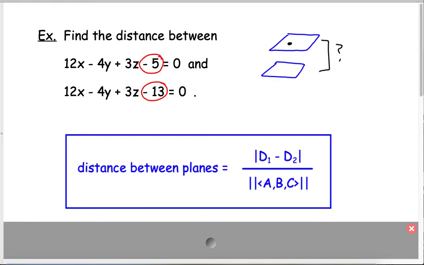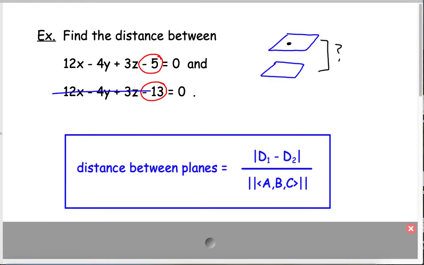Now, these equations have to have the same normal vector. If, let's say by chance, somebody tried to get tricky with you and said, oh, you know what, this plane is actually 24x minus 8y plus 6z minus 26 equals 0. Well, that's the same plane as this one, but I multiplied it by 2.